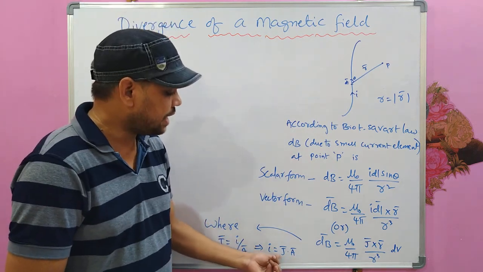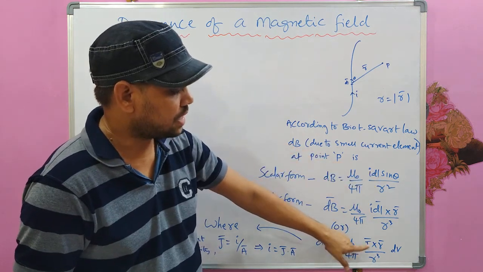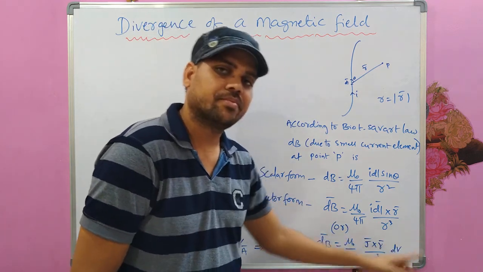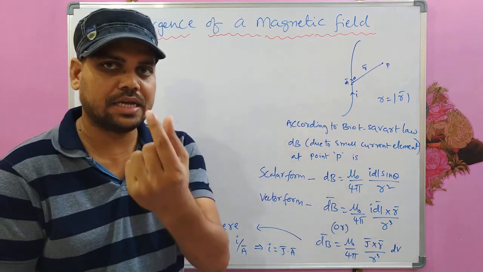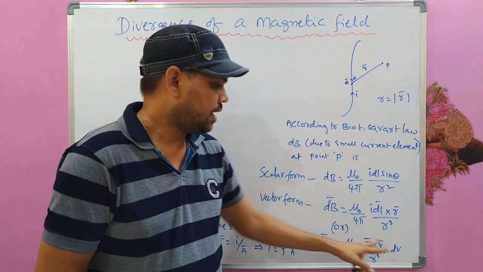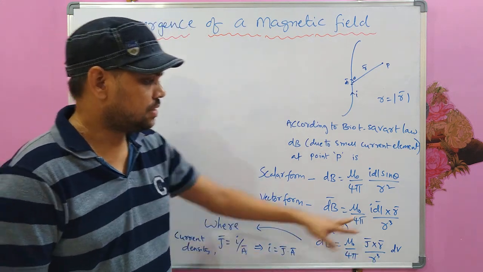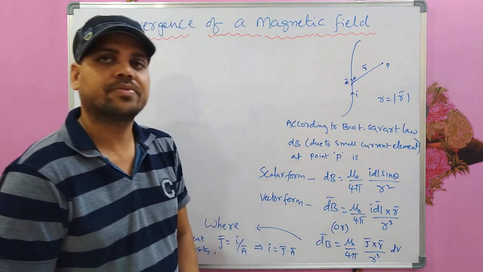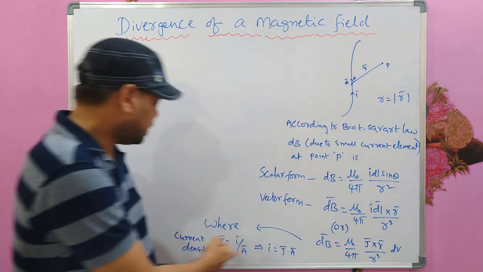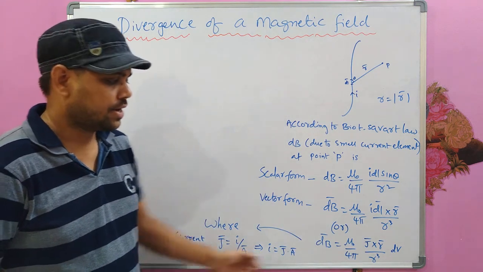If you replace I as J bar dot A bar here, you will get this, because A bar and dl bar give you the volume element. Area into length gives you the volume, so in place of I we have J bar, and in place of dl we have dV. So this can be written using the concept of current density.